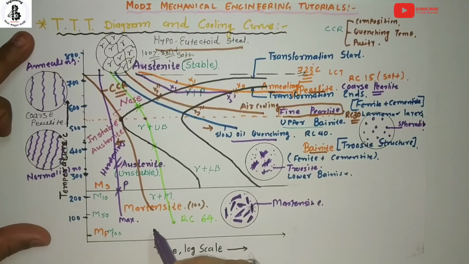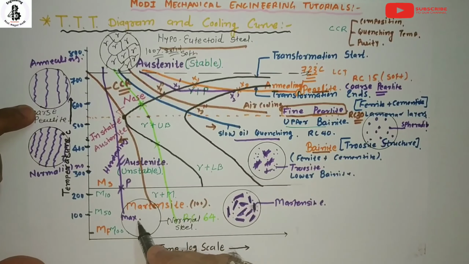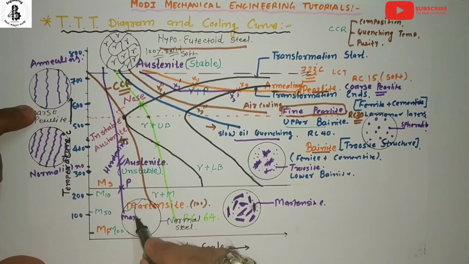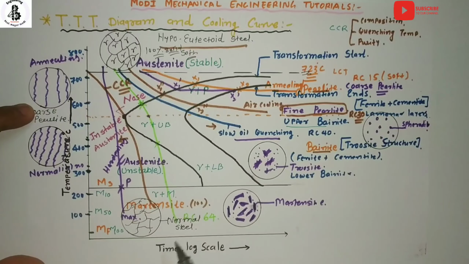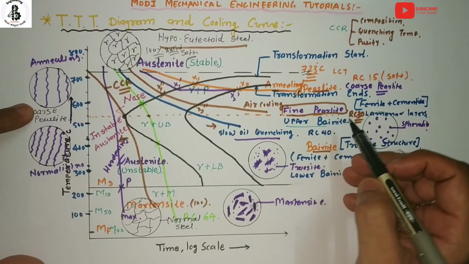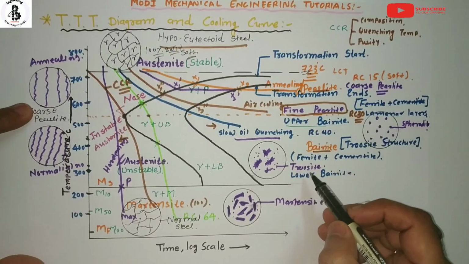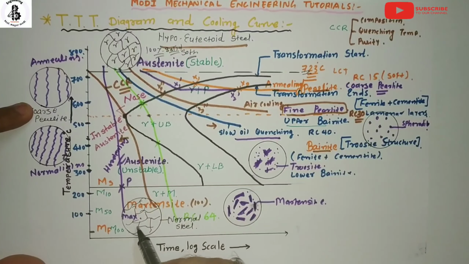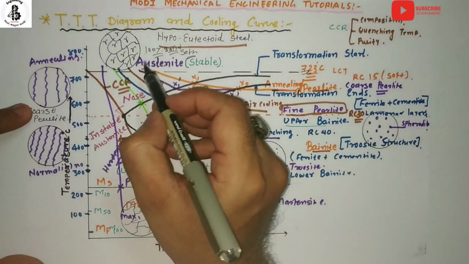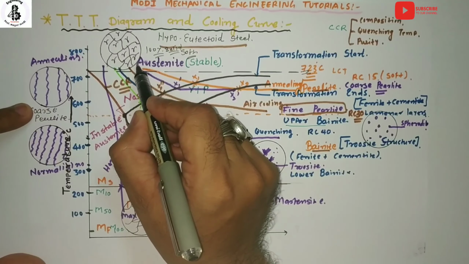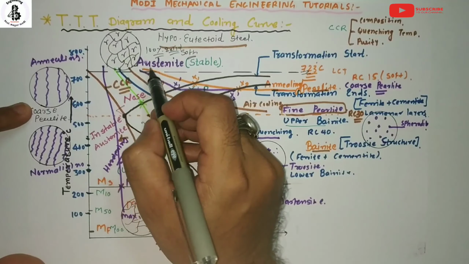If you look at normal steel, this is our normal steel material at room temperature. If you want to make material properties like coarse pearlitic, fine pearlitic, bainitic or martensite structures, first of all, this normal steel is heated and converted into the 100% gamma phase of the steel, which is known as austenite.